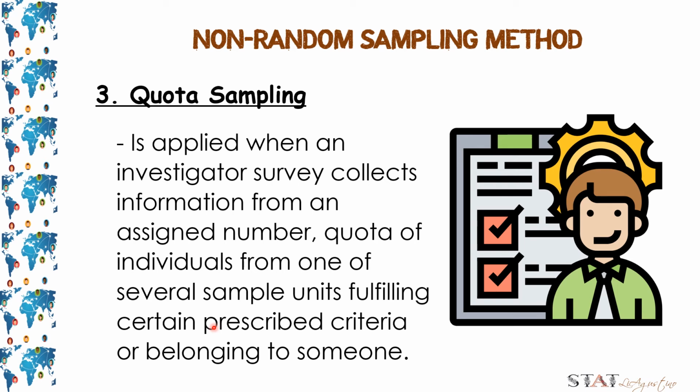For example, you will reach 40 persons, so you will interview some 40 people. So that's one of the quota sampling, like you call with the directory, and then you just interview anyone who is available to answer their phones. So that's one example of quota sampling.